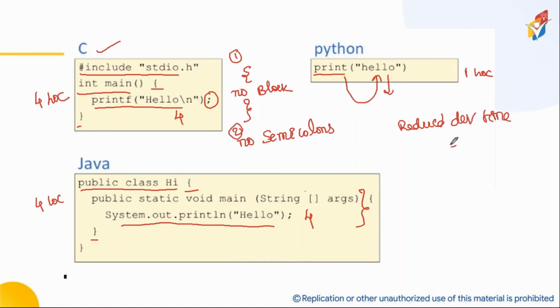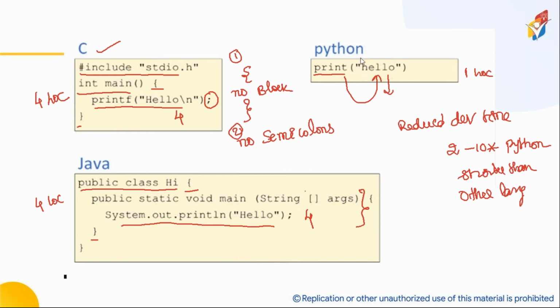I already told you 2 to 10 times Python is shorter than other languages. This is the first point. So if you have any questions, kindly ask me, else I'll go to the next slide. Shall I go?